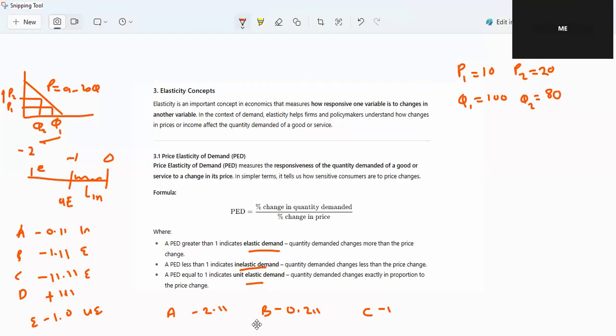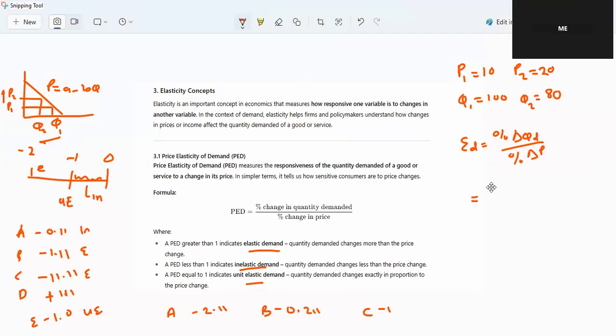If you're able to now interpret that, let us now interpret what answer we're going to get here. Elasticity of demand is given by percentage change in quantity demanded over percentage change in price. So how do we change our consumption when there's a change in price?